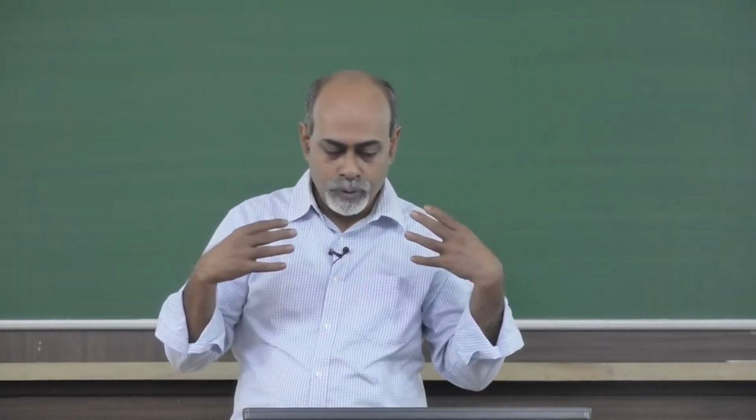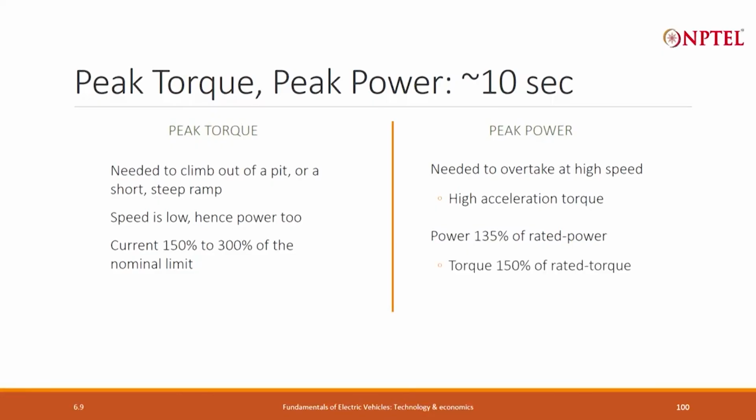So, I will have to deliver more power as well as torque. The torque, let us say, is 1.5 times and I am already at about 90% of the speed. Then 150% of the torque multiplied by 90% of the speed will be 135% of the rated power, and that will be the peak power.